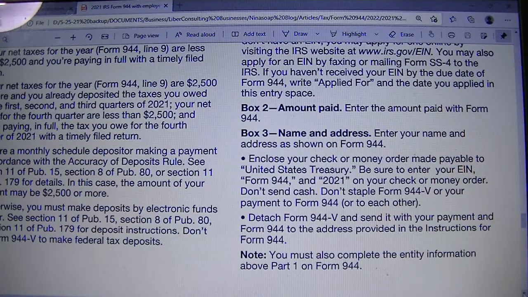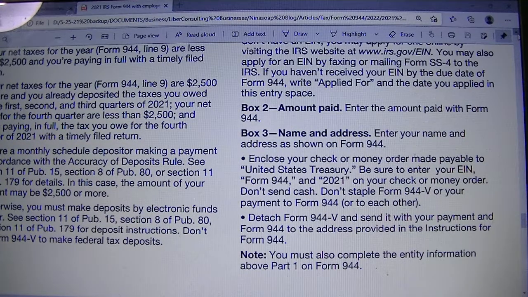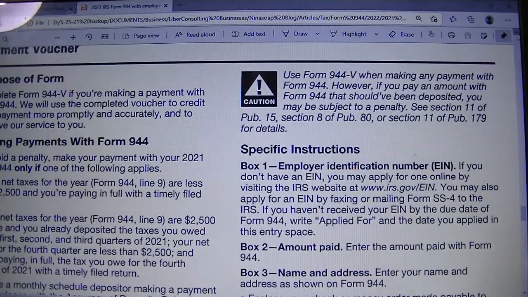I'm kind of surprised they didn't include the other case here.